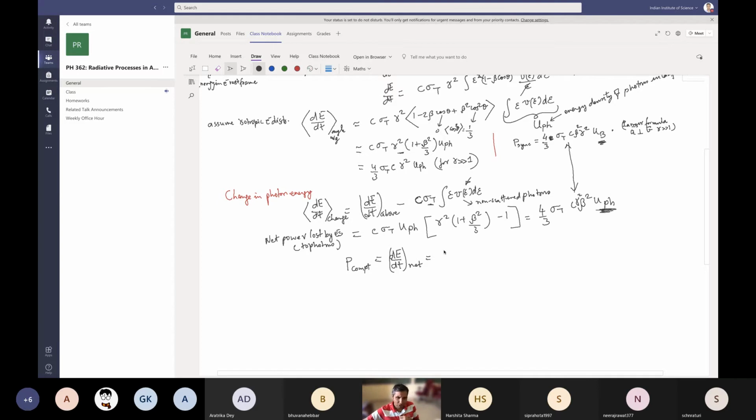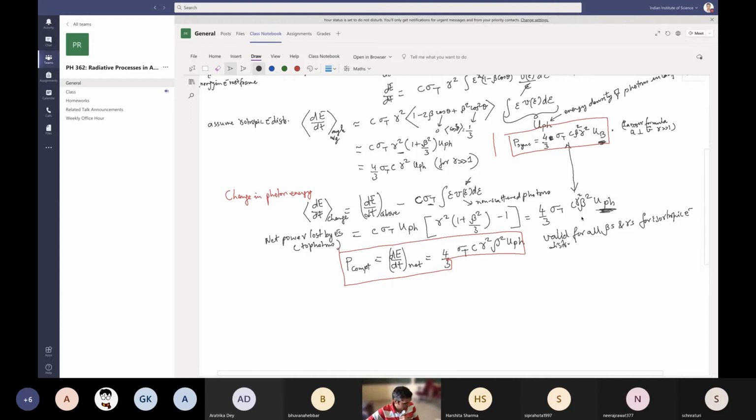So this is equal to 4/3 sigma_T c gamma squared beta squared U_ph. Both these formulae are valid for all betas and gammas, but for an isotropic electron distribution.